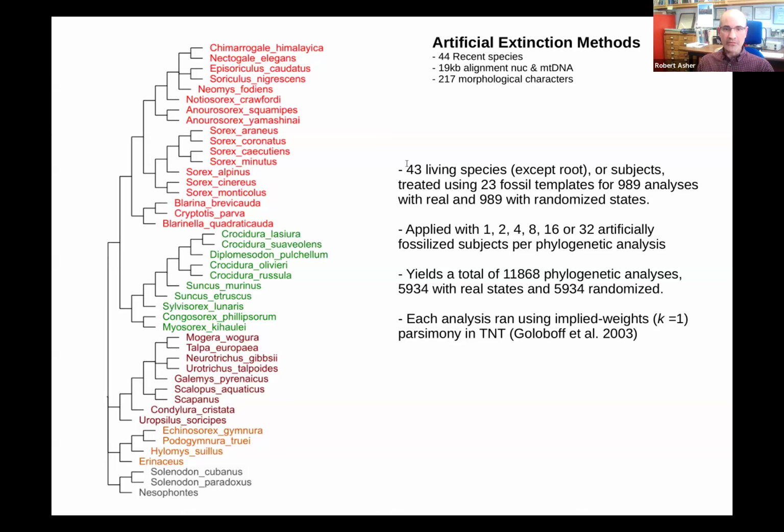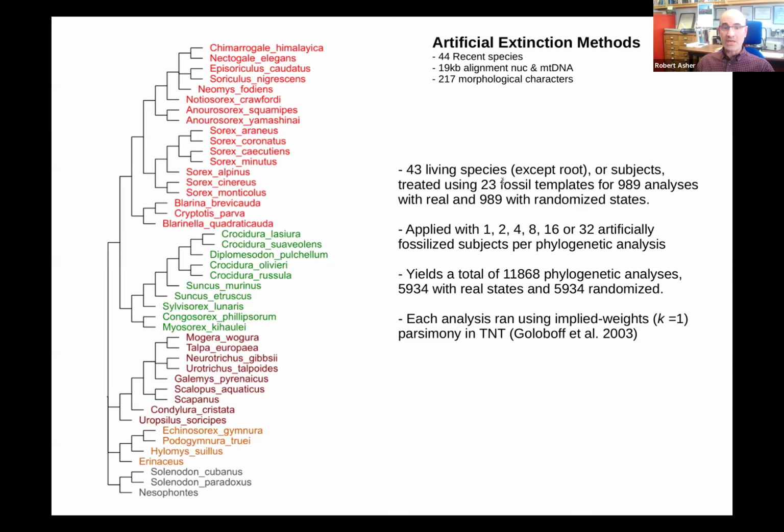Again, here are the methods. We have 43 recent species, all except Nesophontes, a recently extinct Caribbean fossil, are living, but we have molecular data for Nesophontes, so that's in there too. We skipped the root taxon, so of the 44 recent species, we just use 43 of them because we keep the root taxon the same for presentation purposes.